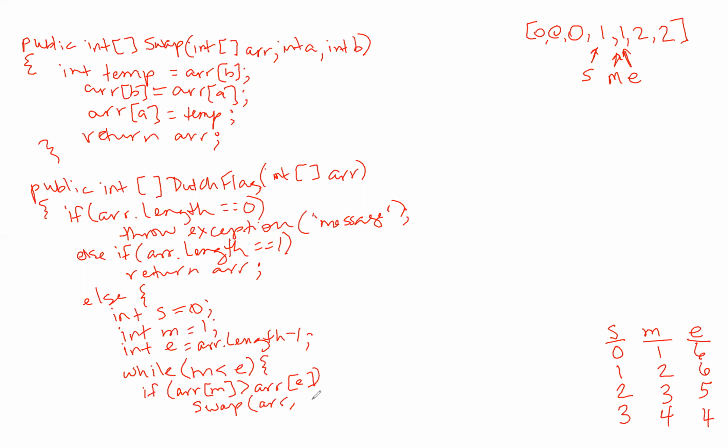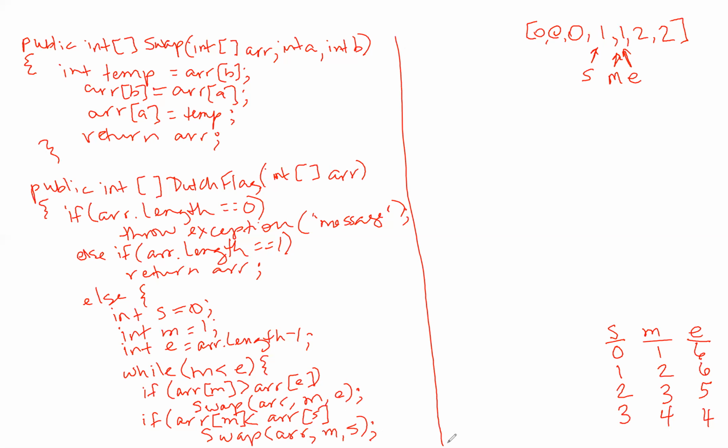We'll send it the array, m, and e. And then if array at m is less than array at S, then we want to swap array M and S.